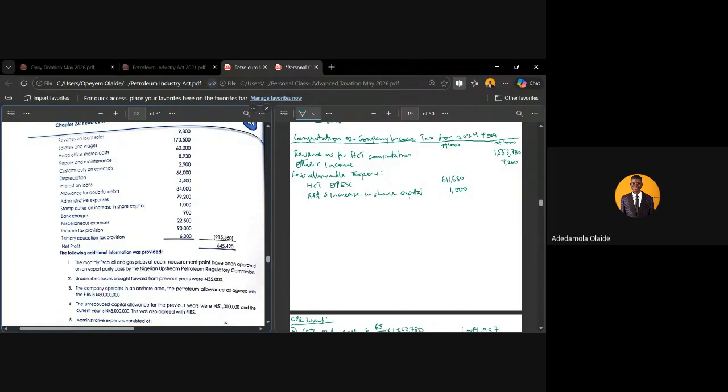We have interest on loans. Interest on loan wasn't considered under hydrocarbon. Interest on loan, how much? 4,004. Then we have allowance for doubtful debts.